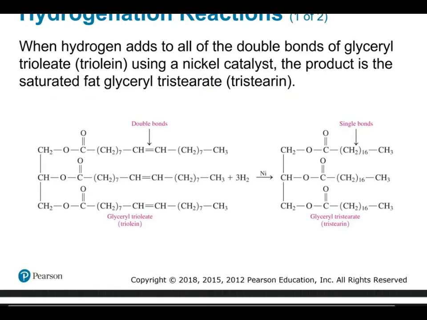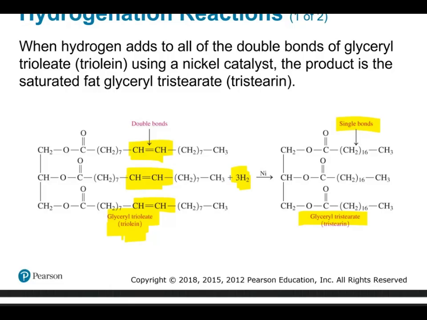Look, you have triolein or glyceryl trioleate, the triglyceride or triacylglycerol, which contains 3 residues of monounsaturated oleic acid. You bubble hydrogen through, and those double bonds turn into single bonds, and now you have glyceryl tristearate.